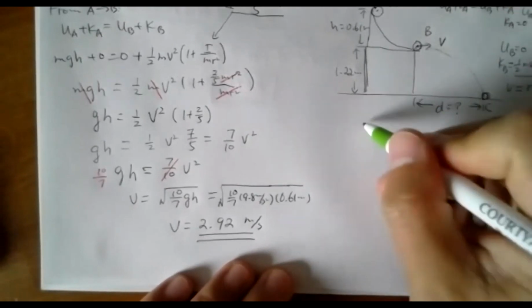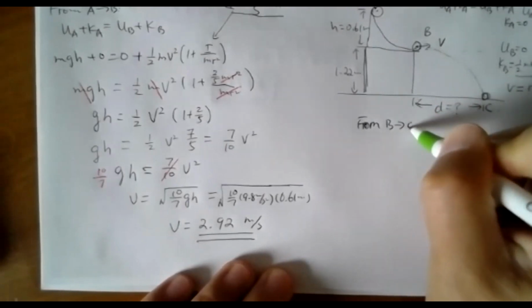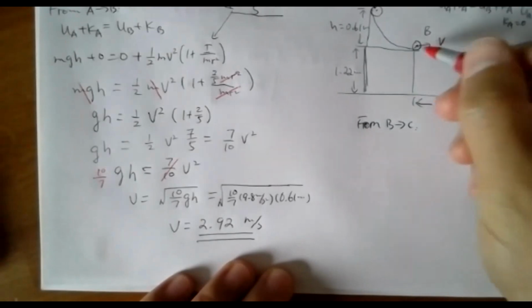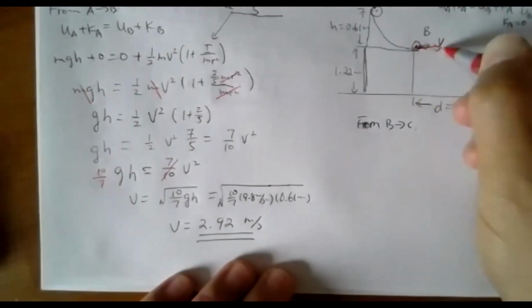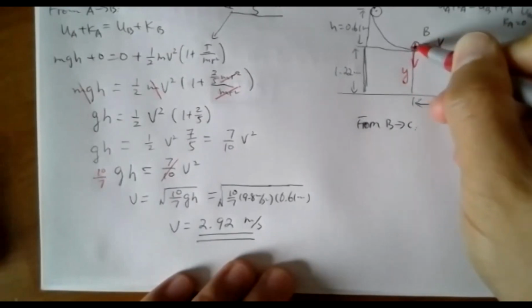Now, from B to C here, this will be a projectile motion. You can set up the origin at point B, the x in this direction, the y in this direction.